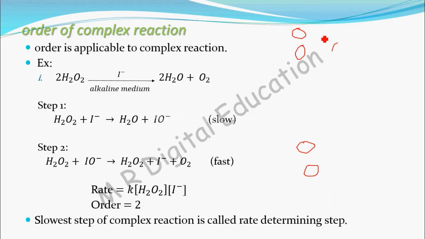This is a relay game. In this game, the probability of winning depends upon the person who runs slow. The person who runs very slowly, they will definitely lose the match. If he runs a little bit fast, then they will win.